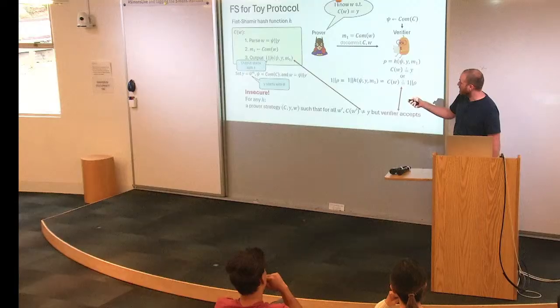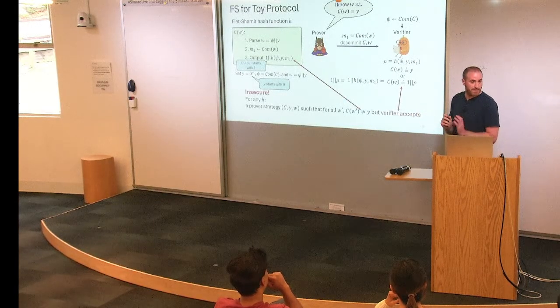Can you explain again what's the role of the digest in that attack? In this specific attack, the digest is just a way to have the circuit get its own input.